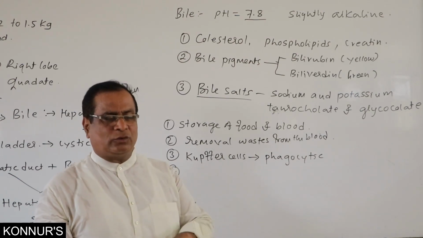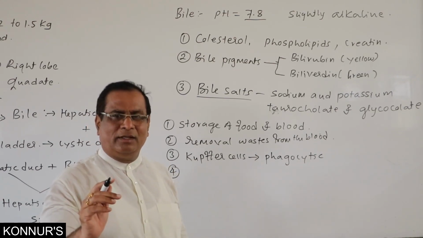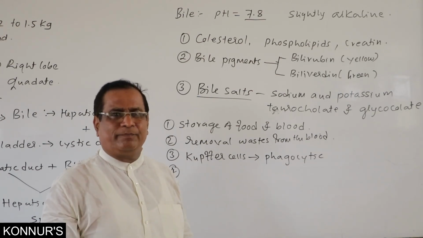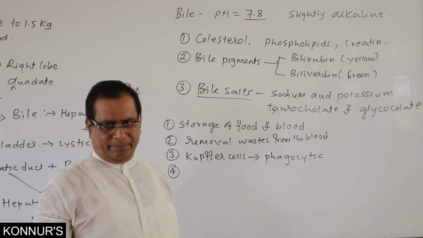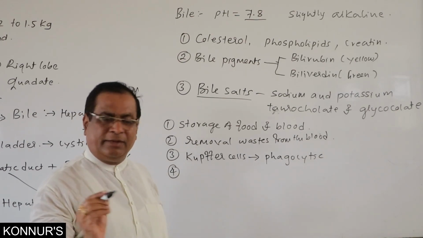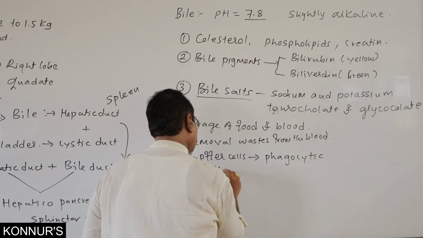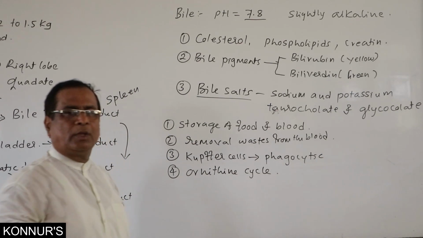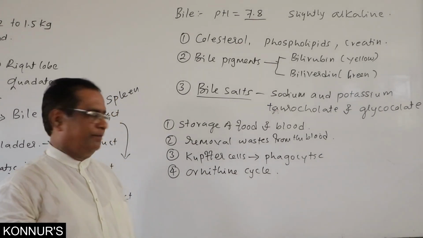But that ammonia comes through the blood to the liver, where that more toxic ammonia is converted into less toxic urea during a cyclic pathway taking place in the liver, that is the ornithine cycle. It takes place in the liver itself.